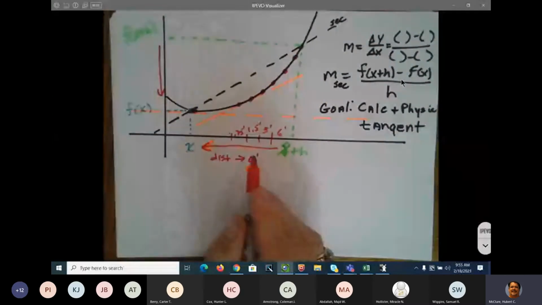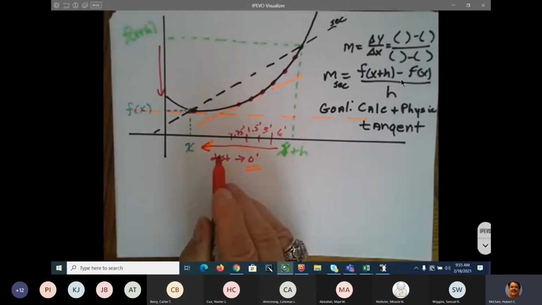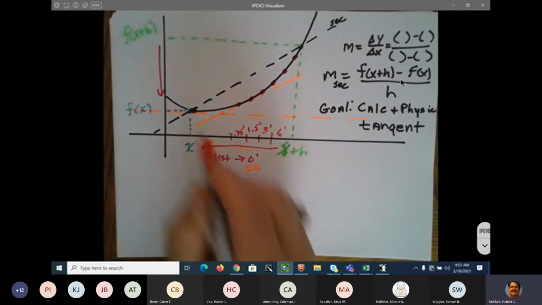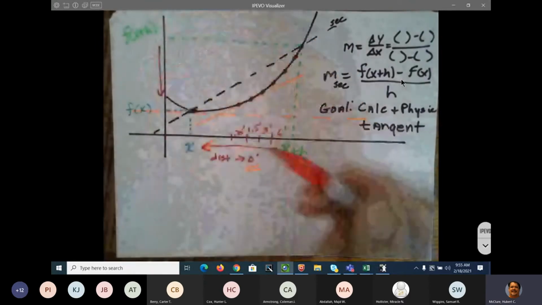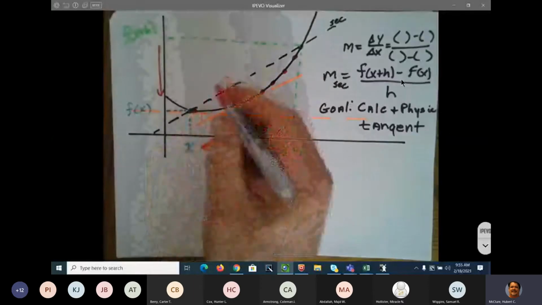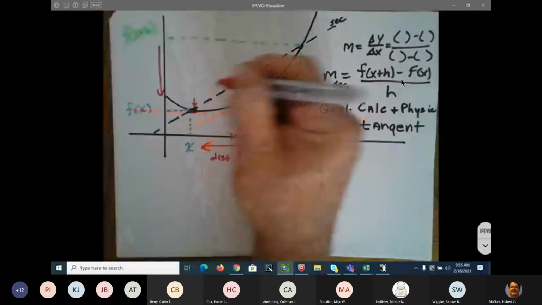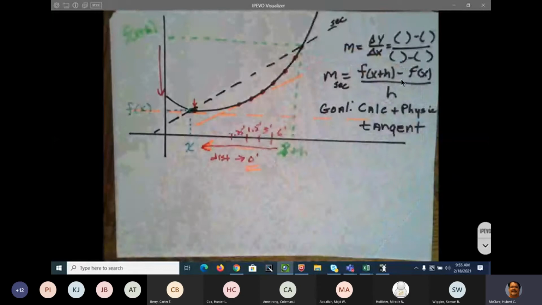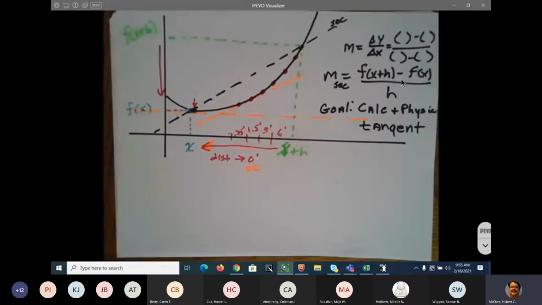As x approaches 0, y also approaches 0, so you come back down to that red point right there. And that red point and that blue point are within a hair's width of each other.